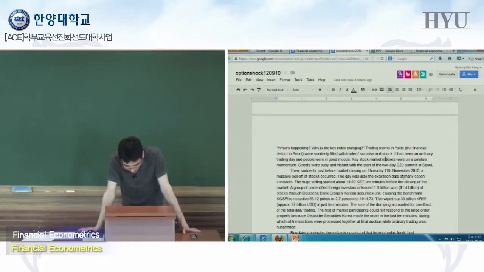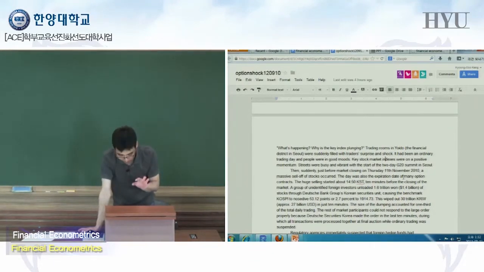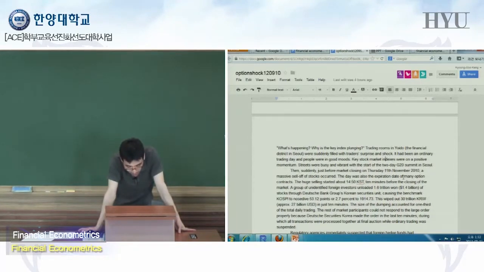Like 3 years ago, before market close, like 10 minutes ago, it was auction timing: the time during which all transactions were processed together at the final auction while ordinary trading was suspended.